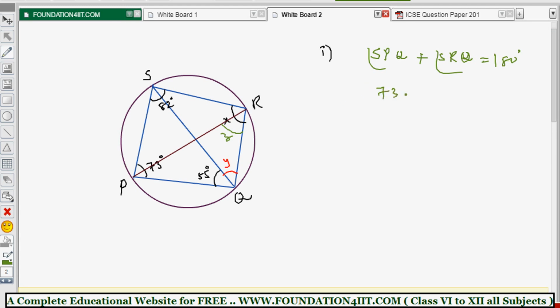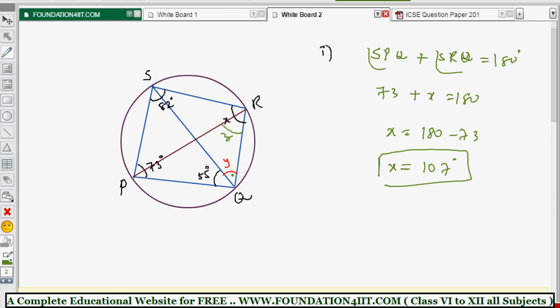So 73 plus x is equal to 180. Solve this and you get the x value. Then x is equal to 180 minus 73. You can subtract this, then you get 107. So x is 107 degrees, that is angle SRQ.